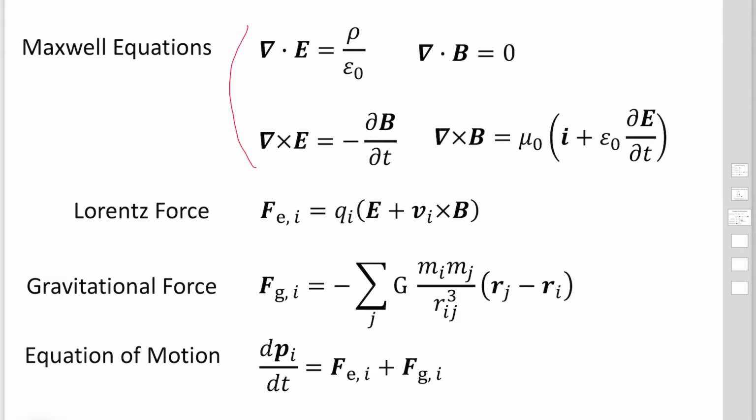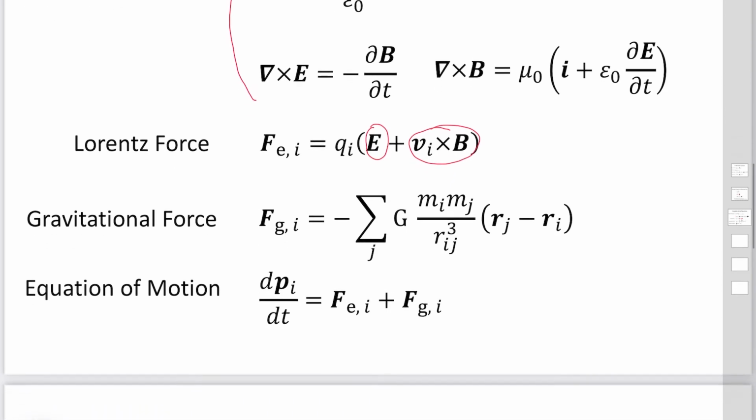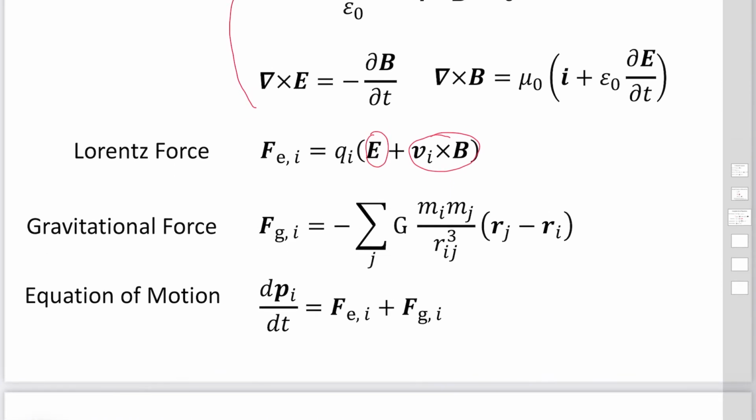I explained the Lorentz force due to the electric and magnetic fields. If you consider a charged particle, the electric field and magnetic field act on it. Another important force is the gravitational force, based on the universal law of gravitation.